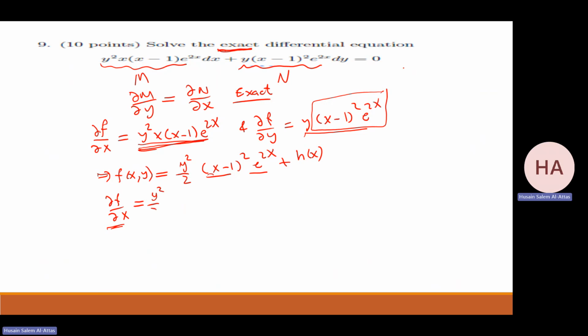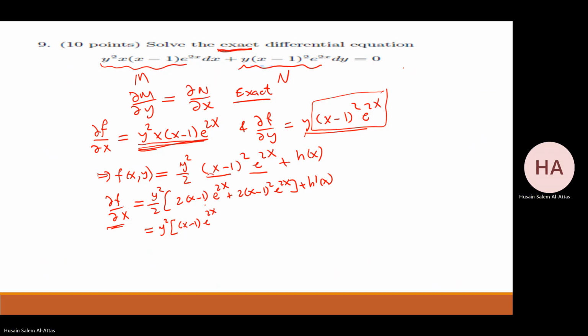Y squared over 2, times 2 times x minus 1 e to x plus x minus 1 squared e to x, plus h prime of x. Let me take y squared times a common factor. The 2 goes with the 2. So I have x minus 1 e to the power x.